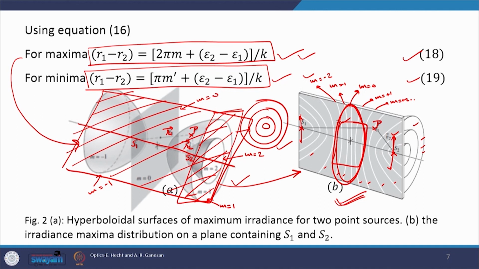Therefore, what we can do is create a line source just by shifting these two point sources S1 and S2. Let us consider several S1 and S2 and put them along a line. Then S2 will create a line source and similarly S1 will create a line source.